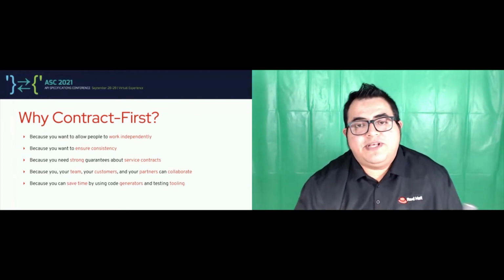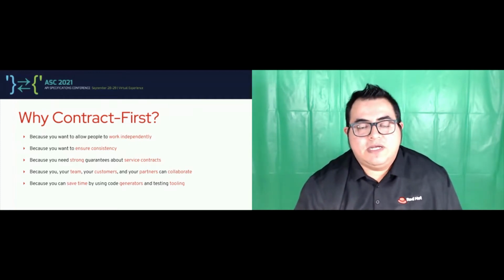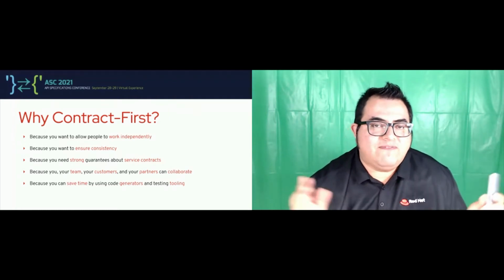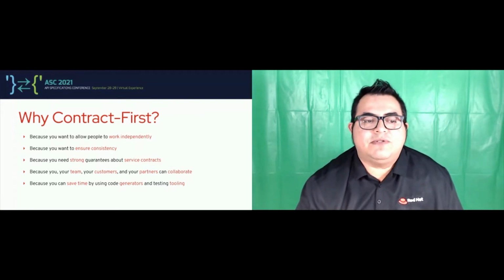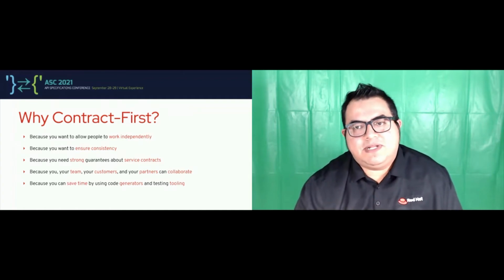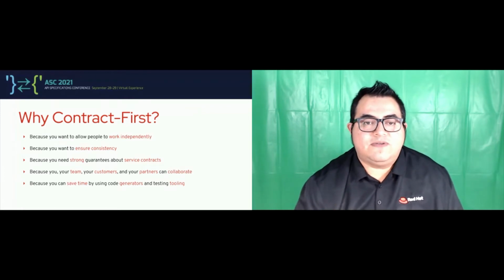So it is very easy to collaborate in the design, and then each one of the members of the team or the teams is able to do their own implementation. And we have created a lot of generators and tooling around those contracts, so we are able to save a little bit more time or help us to do lint validation or auto generate code from these contracts, or even do testing.